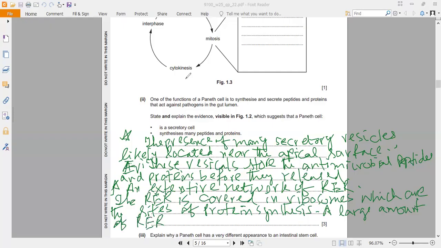Rough endoplasmic reticulum indicates the cell is producing a high volume of protein.